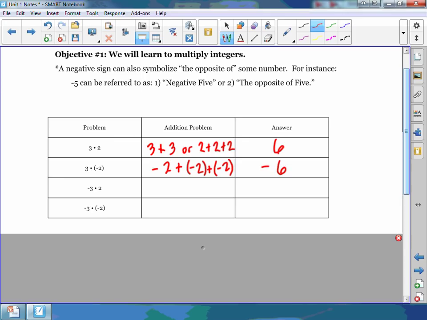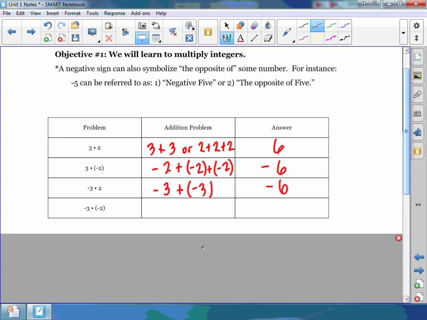You could. That would be more for this next one, because you see how this is already in the negative. So Ellie just kind of gave us our next one here. Negative 3 times 2 is 2 groups of negative 3, which would equal negative 6 there.